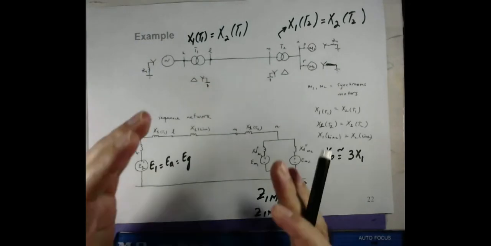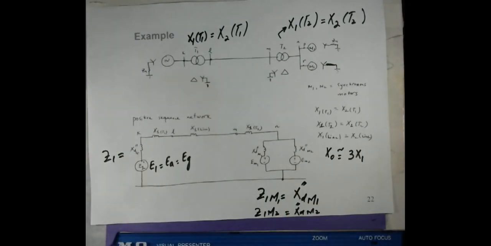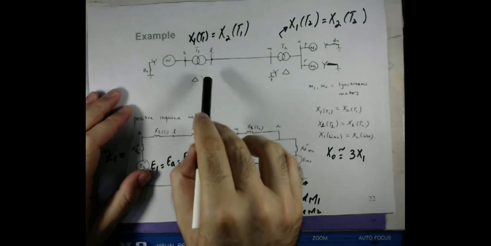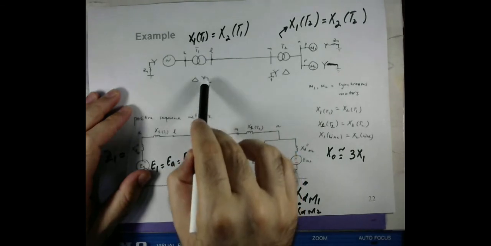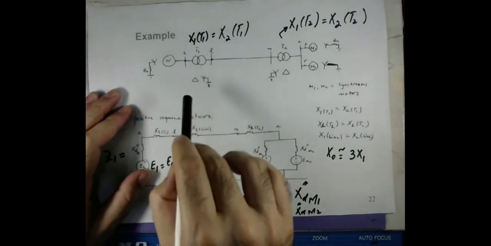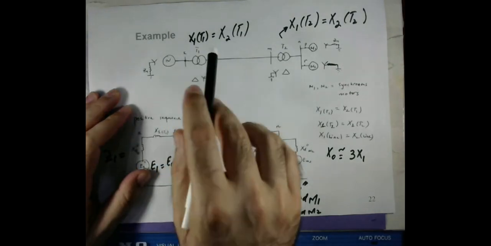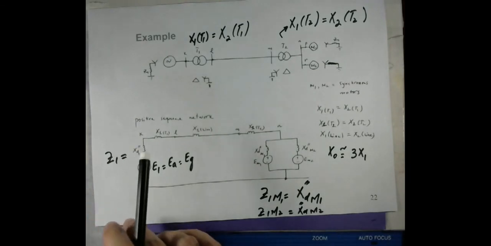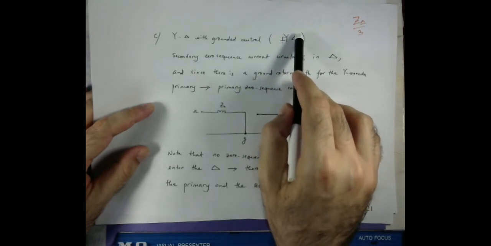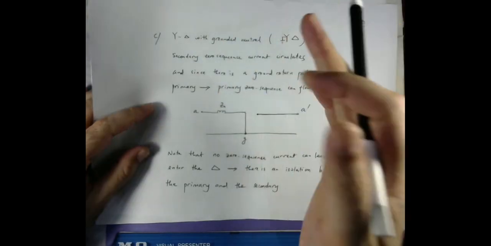But when we consider the zero sequence network, now I would like to ask you to pay a bit more attention, because if you look at this network, we have a delta Y connection where the Y has a path to the ground, but the delta, here, as I discussed this case, that if we have the transformer where the Y is connected to the ground and delta is also on the secondary side, it doesn't matter whether it is the other way around.